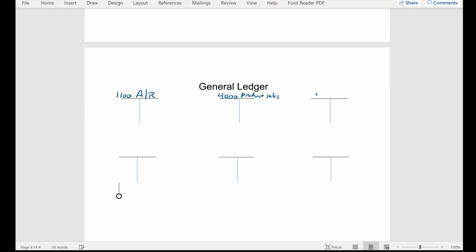Then the COGS, or that cost of goods sold, I'm going to number 5,000. The rent expense, just going to put in at 6,000. And then the payroll expense, I'm just going to use 6,100 for that.